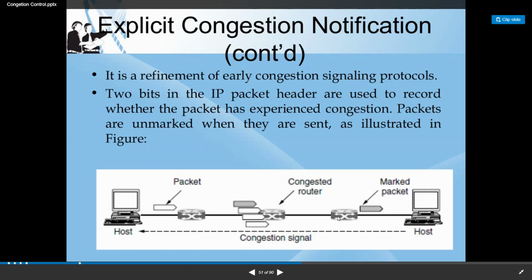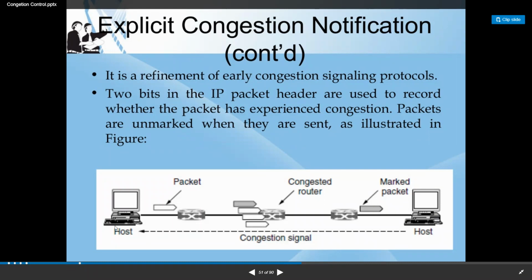It passes through the next router, and this marked packet reaches the receiver. After receiving the marked packet, the receiver identifies the congestion in the network, and this congestion signal is sent to the sender by the receiver. See, this dotted line is the congestion signal sent by the receiver to the sender.